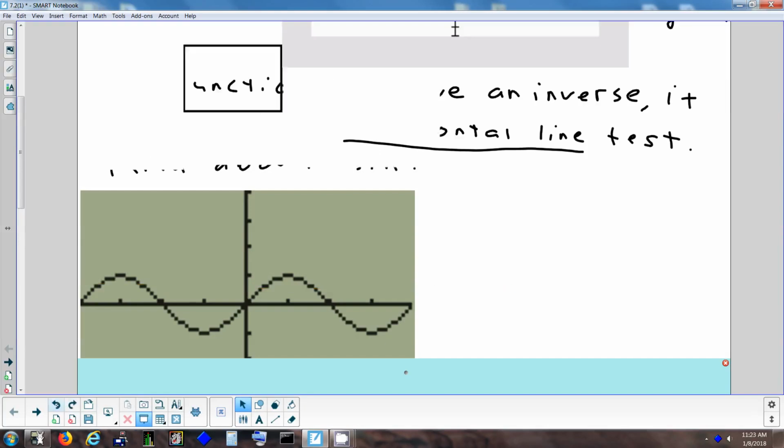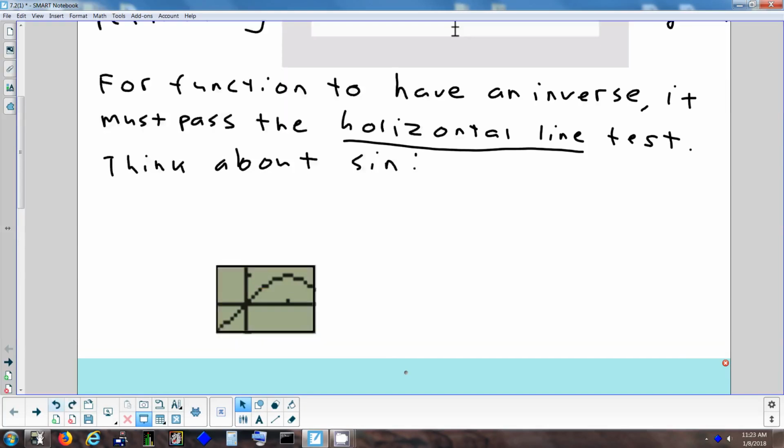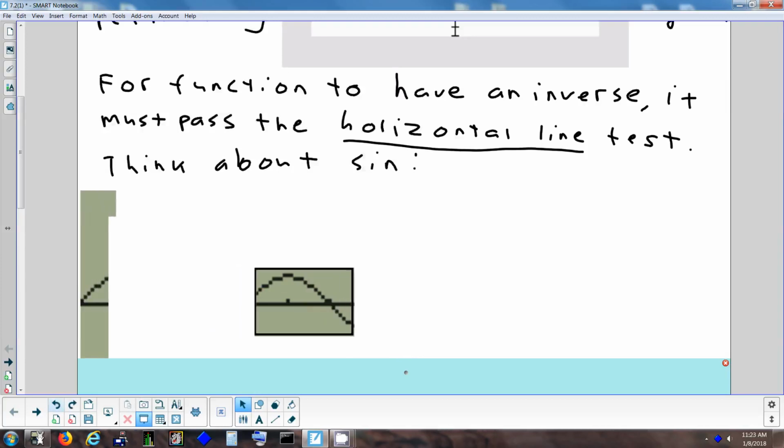So what we do is we say, you know what, we're going to block out part of the graph, and all we're going to do is focus on a certain section. We have to focus on a section where, if I draw a horizontal line, it only hits once. So what do you think in that section? If I draw a horizontal line, would it only hit the graph once? It could, but could it hit it twice?